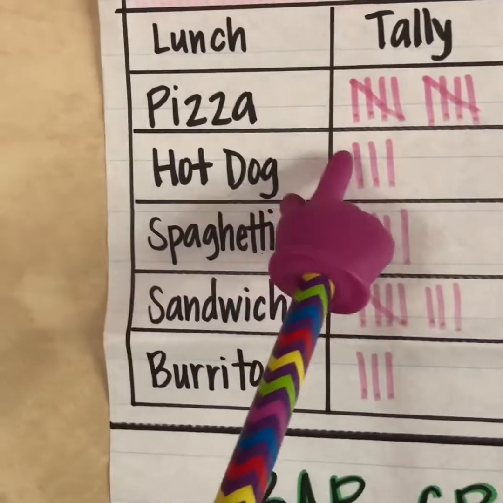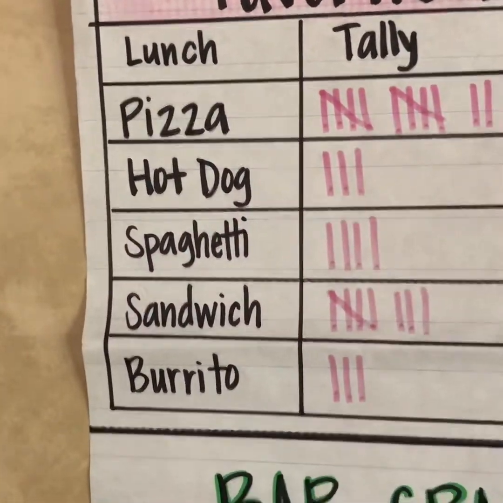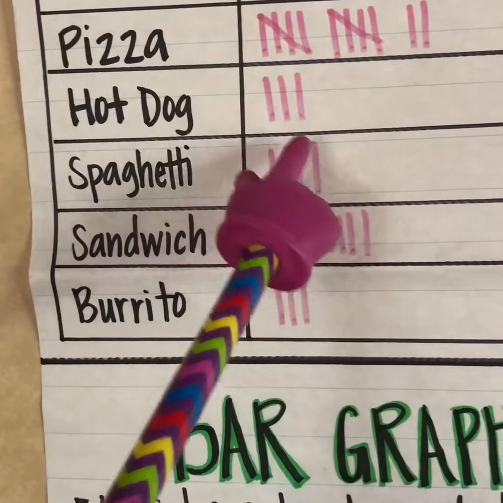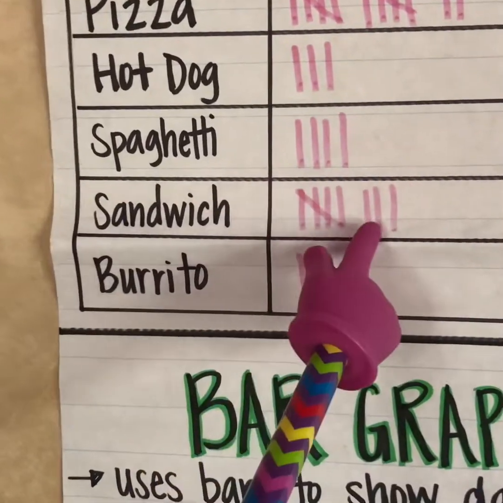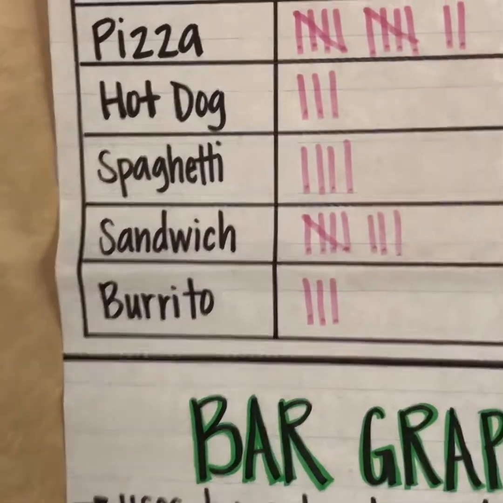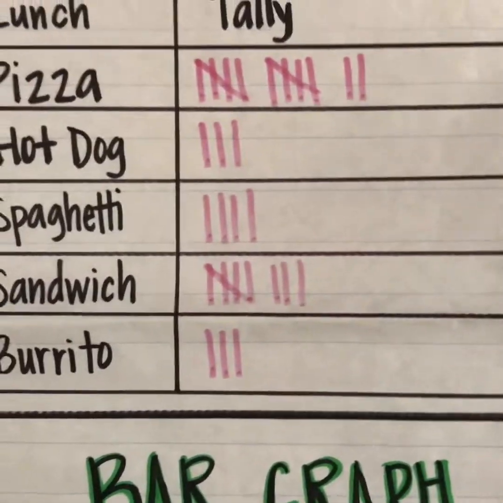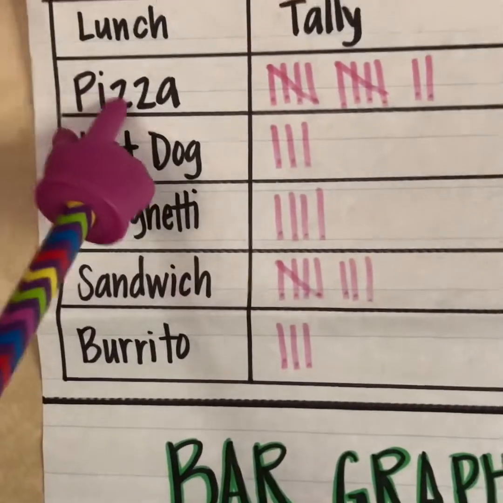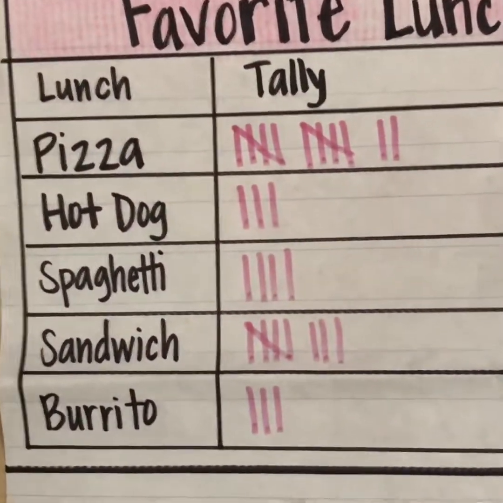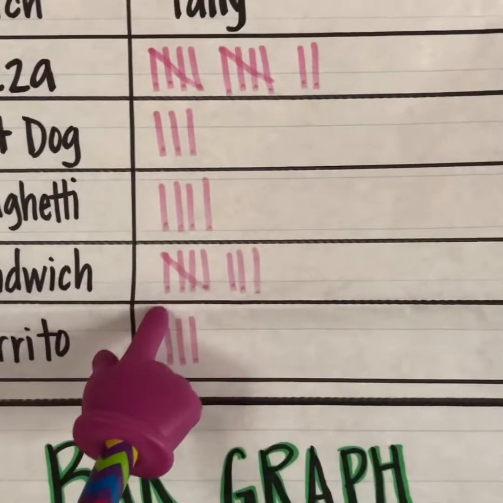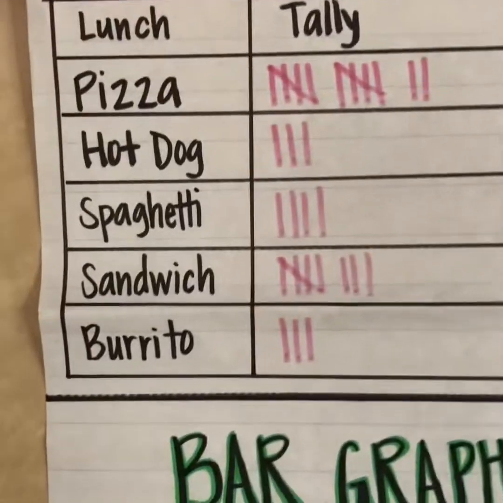Hot dog only had 1, 2, 3 votes. Spaghetti had 1, 2, 3, 4 votes. Sandwich had 5, 6, 7, 8 votes. And burrito had 3 votes. As you can see, pizza was the favorite lunch with 12 votes. The second favorite was sandwich with 8 votes.